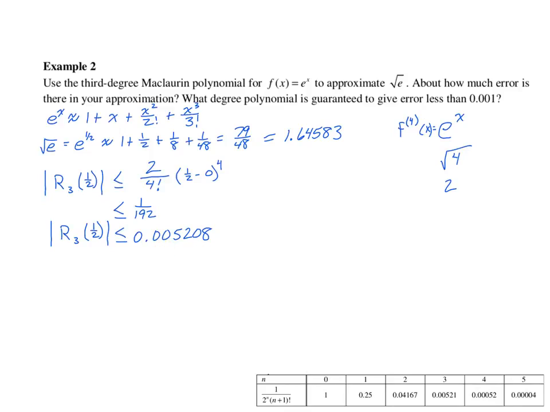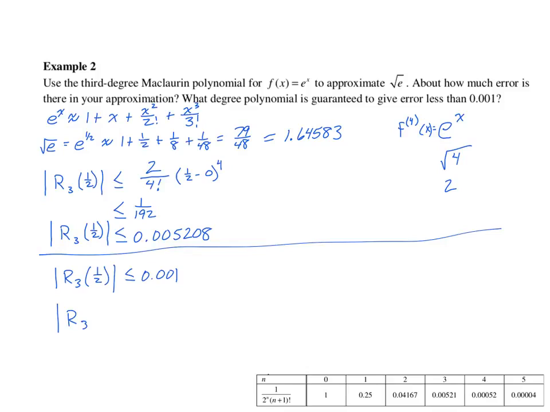So what we want to do is come up with a way of being able to calculate that. If we work it out, we know that the remainder at a half, we want it to come out to be less than or equal to 0.001.